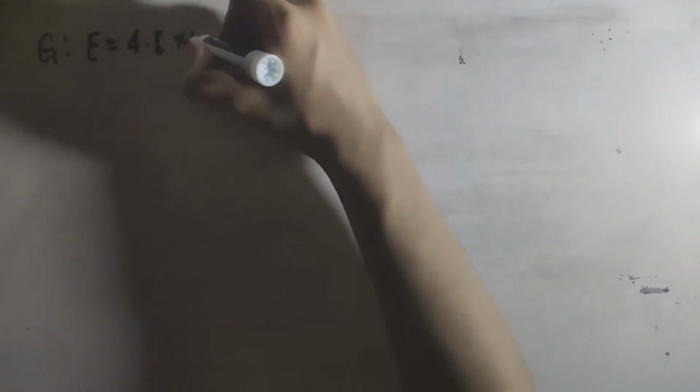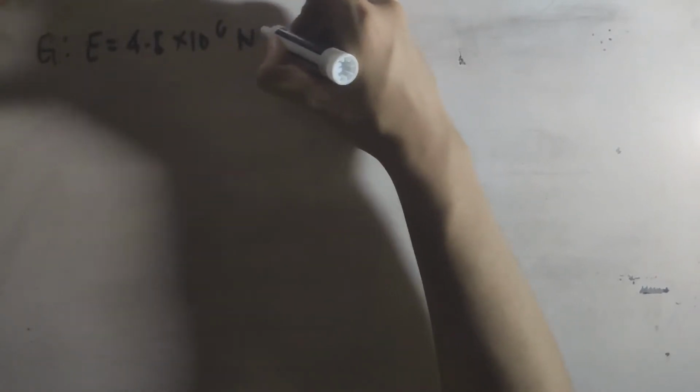So for the second problem, we have the first given, which is we have a charge that has an electric field of 4.5 times 10 raised to 6 newtons per coulomb.